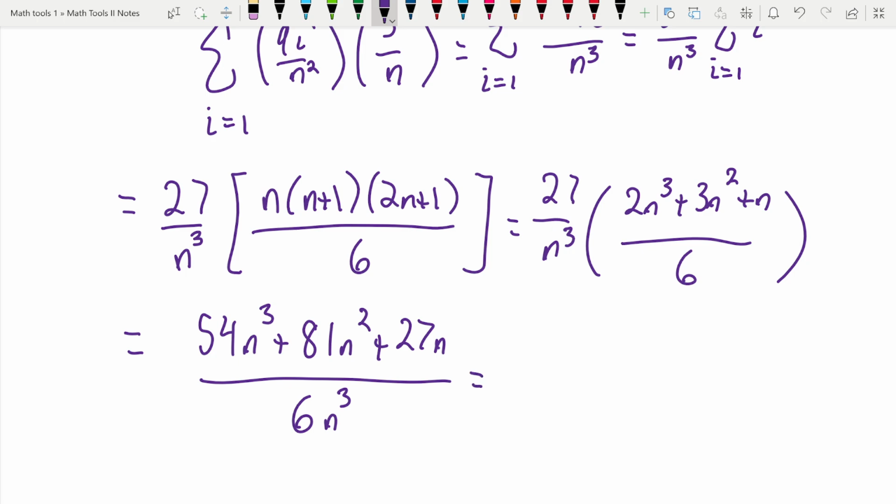Okay, and then just go ahead and break this up. 54 divided by 6 is 9, and the n cubes cancel out, so that's just 9.